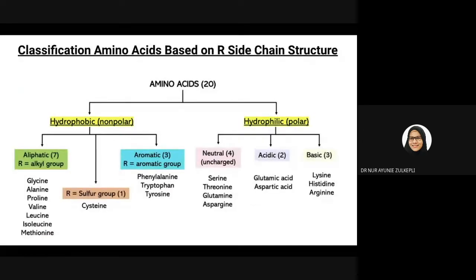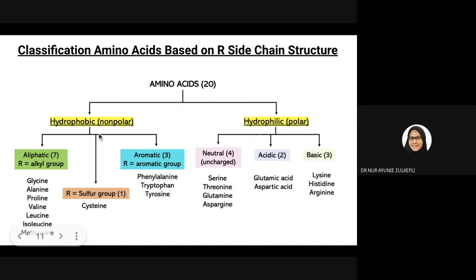Okay, most importantly, you have to know the classification based on the structural properties of the R side chain of the amino acid. So there are about 20 amino acids. They can be divided into hydrophobic, non-polar, or hydrophilic, polar.